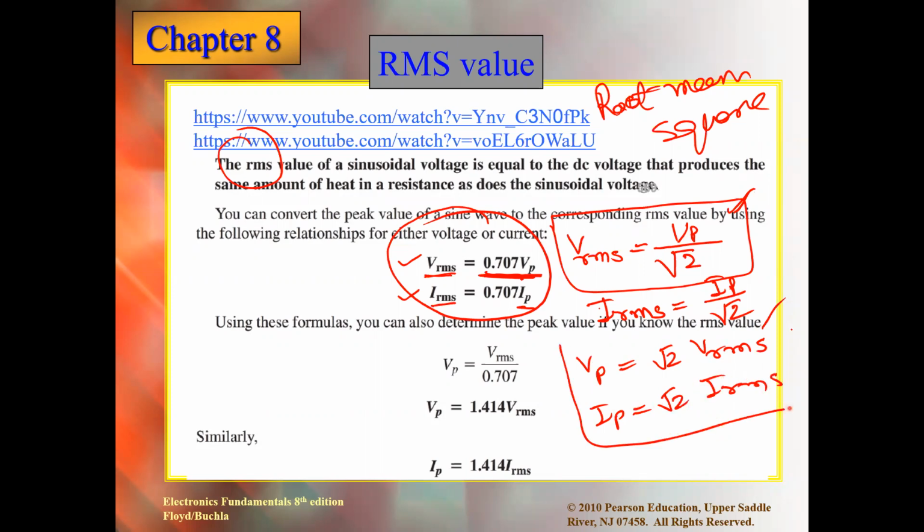These are the important formulas, so you can note them down. I think it is easier to memorize under root 2 compared to 1.414, but it is the same thing. It's up to you what you like. There are some YouTube links for understanding RMS values, you can check those.